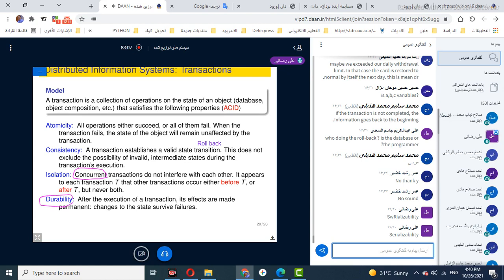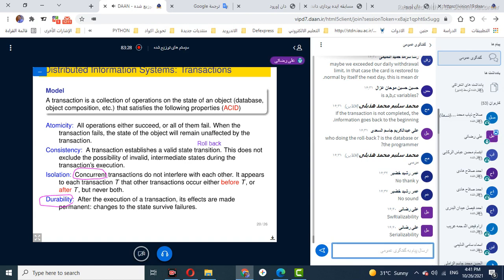In serializability, it means that although we know that multiple transactions are being run in parallel in a concurrent scheme, it seems to each particular transaction that it is being executed alone.